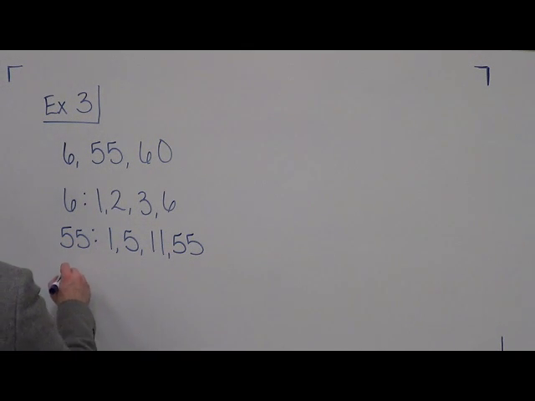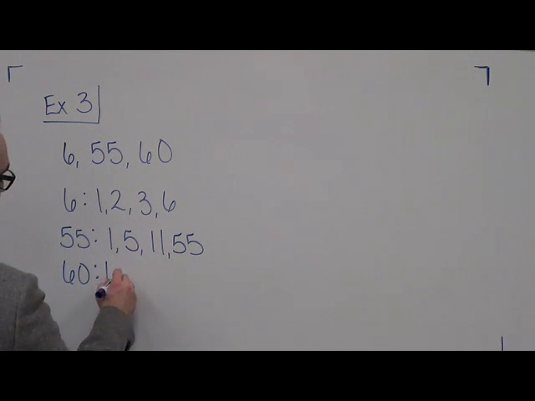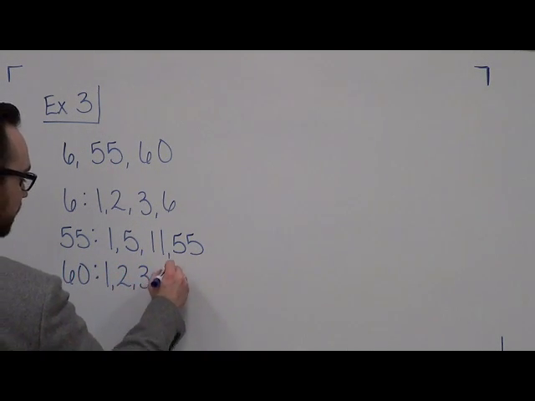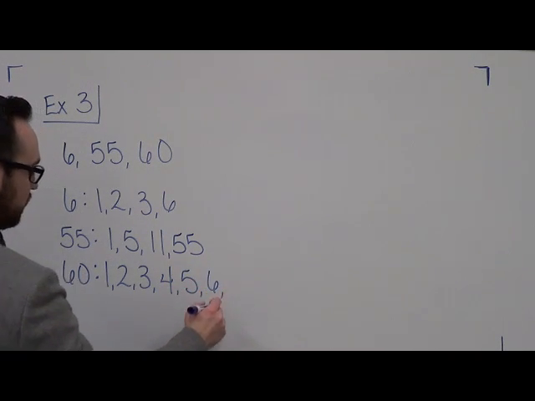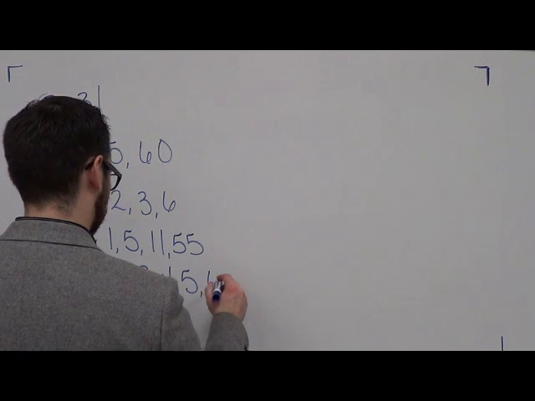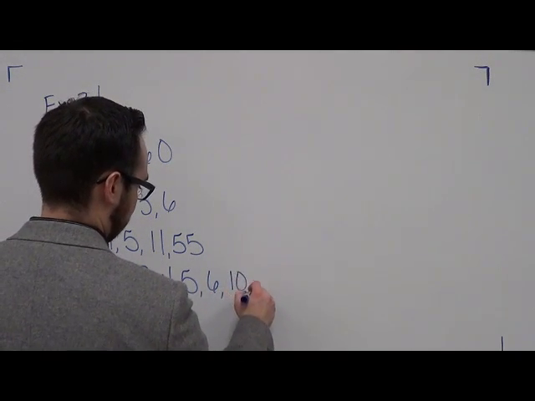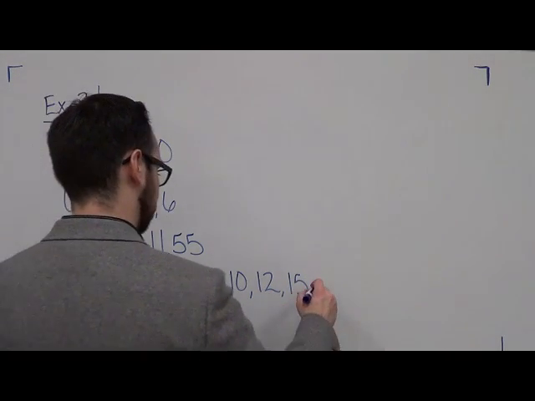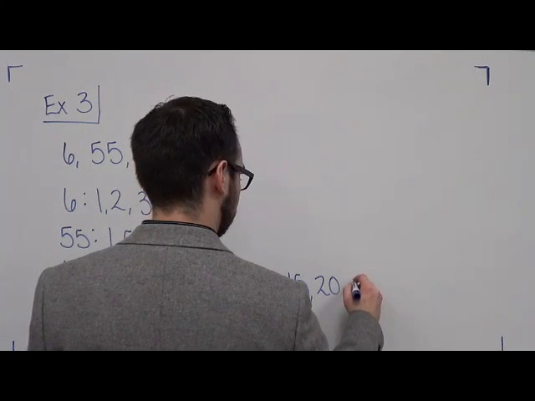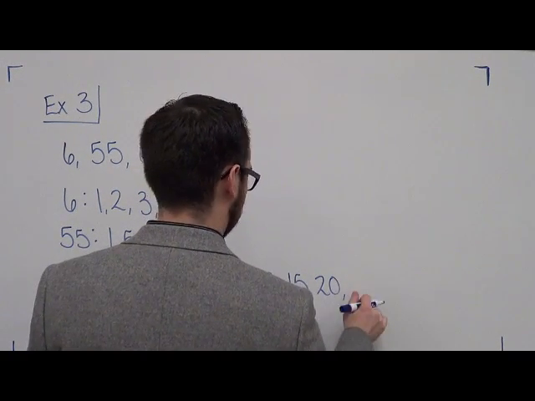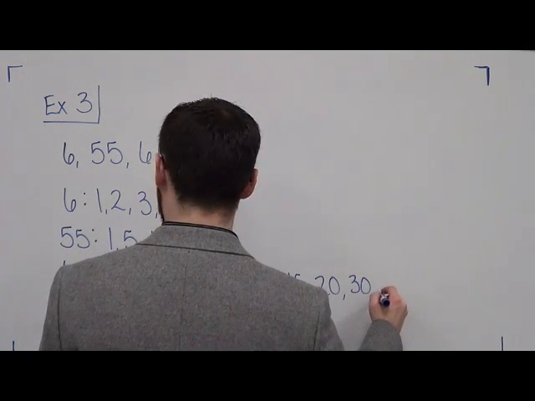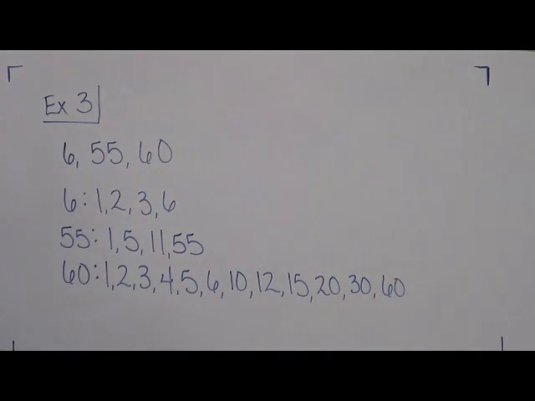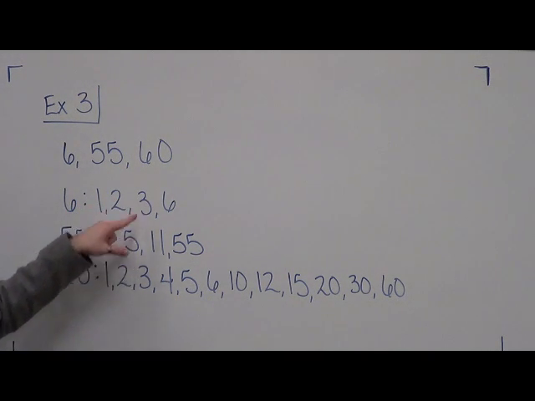And if 1 is the GCF, if I look at 60, 60 is going to have a whole lot more. So even though the 2s are the same, the 3s are the same, the 6s are the same, those numbers aren't in 55.